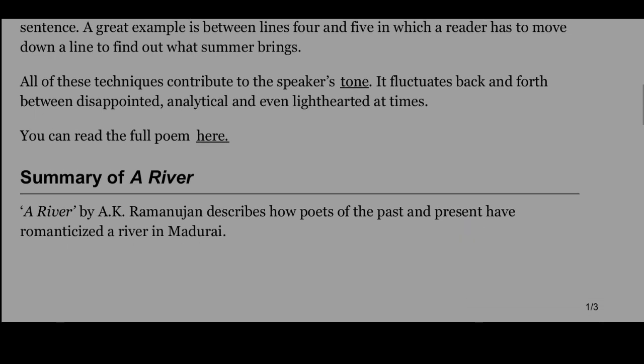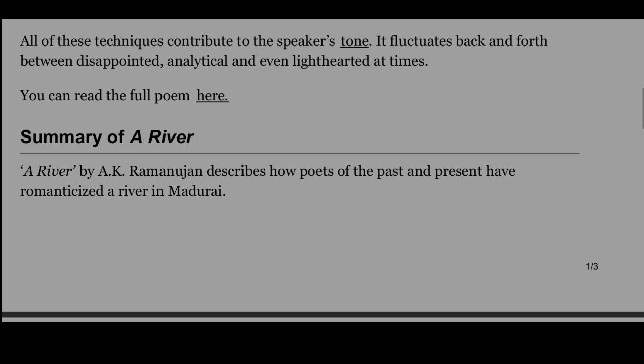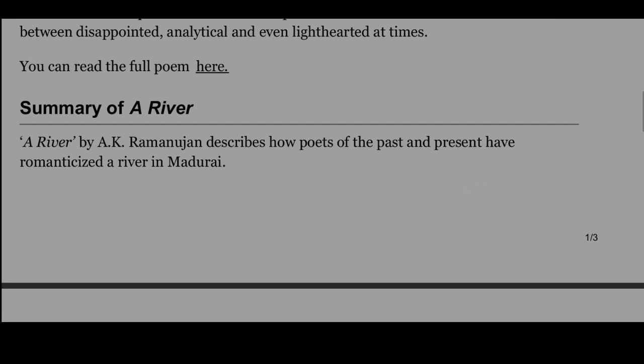A great example is between line 4 and 5, in which a reader has to move down a line to find out what summer brings. All of these techniques contribute to the speaker's tone. It fluctuates back and forth between disappointed, analytical, and even light-hearted at times.